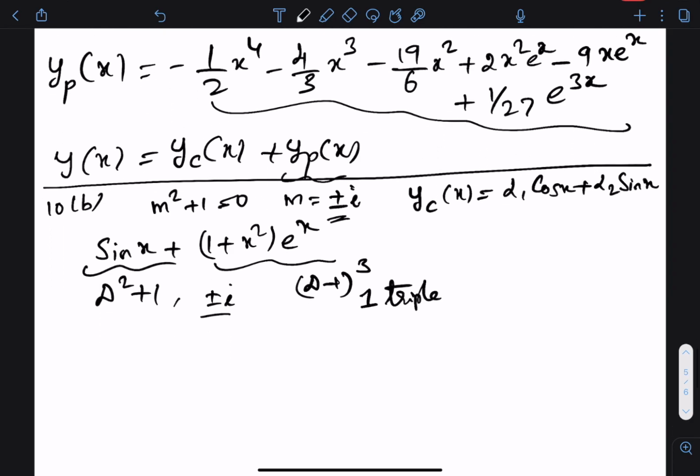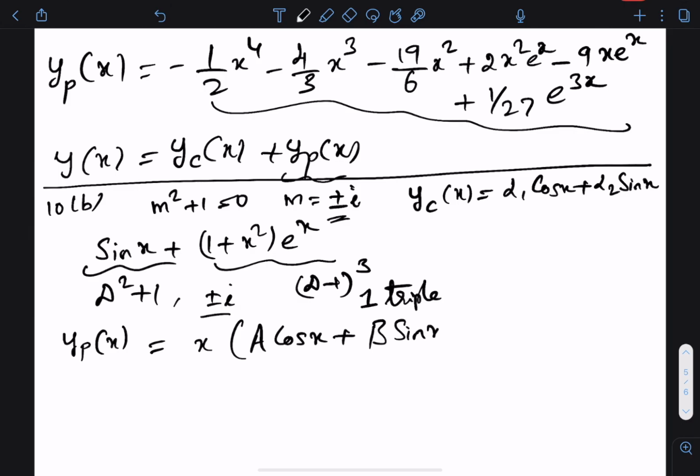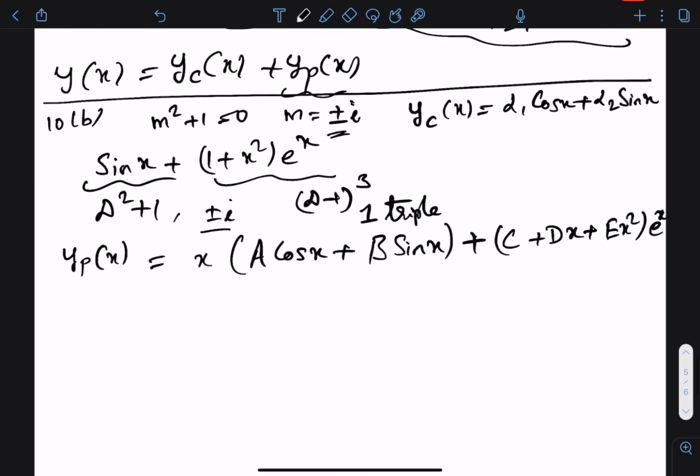So you're going to look for a particular integral yp of x, which, because it's a repeated root, is some x times (a cos x plus b sin x) plus, for the repeated root 1, (c plus dx plus e x squared) e power x. Okay, so we need to find a, b, c, d, e.